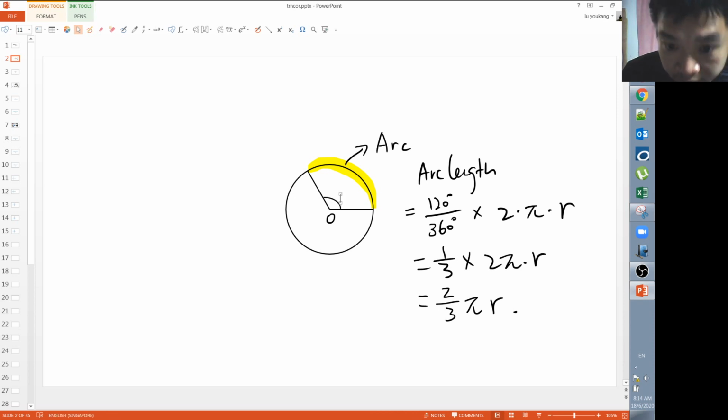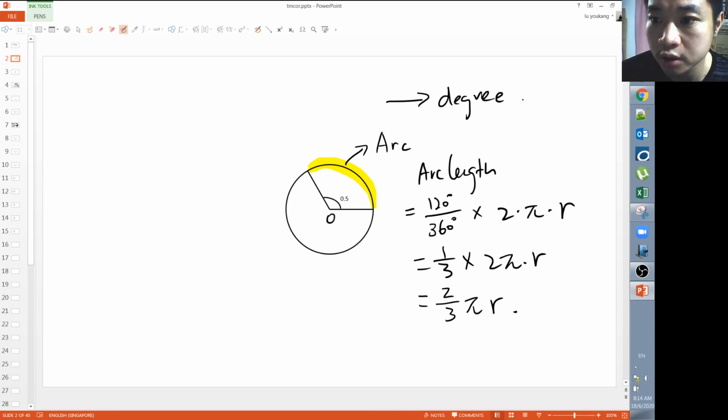So let me get rid of this first. And what if the angle is given in radian mode? What if your angle is given as 0.5 here? Over here I'm actually doing this question in degree mode, because the angle given was 120 degrees.